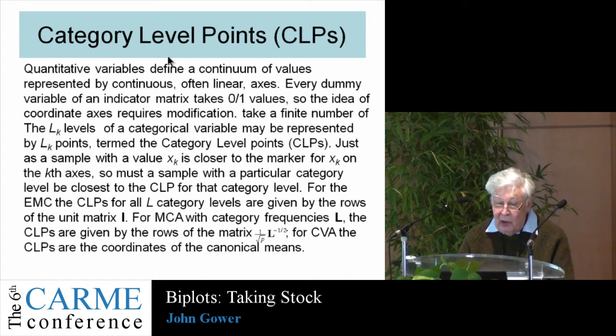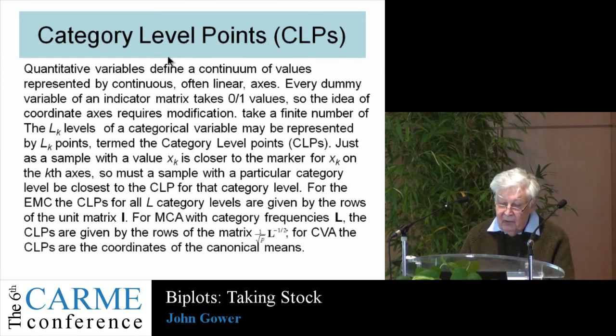So the idea of coordinate axes doesn't work. You take a finite number of these levels. So you take LK levels for a categorical variable which has LK category levels, and that defines LK points, and I term these the category level points.